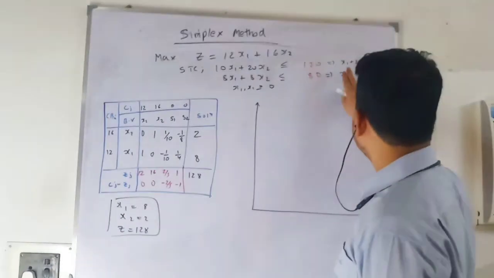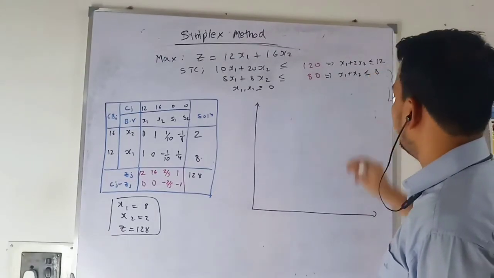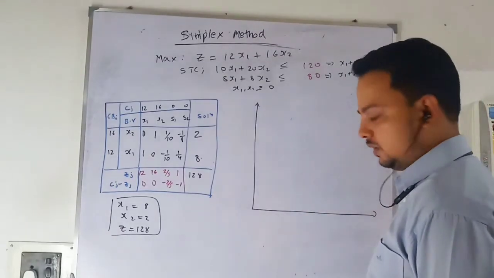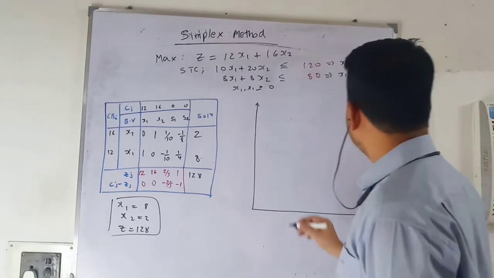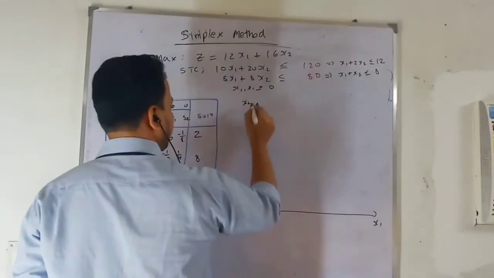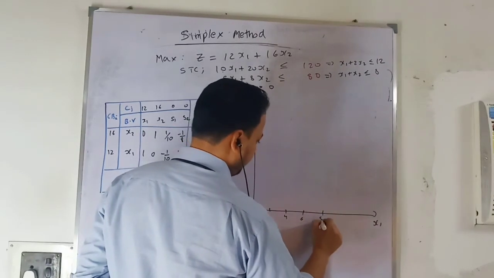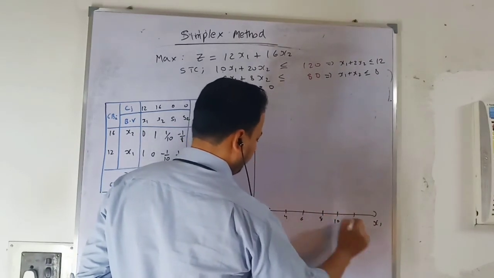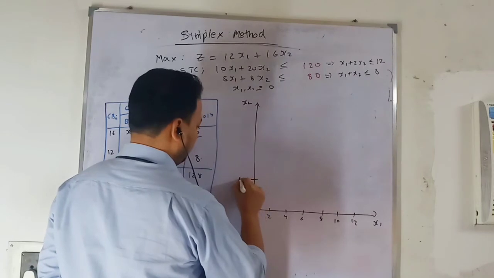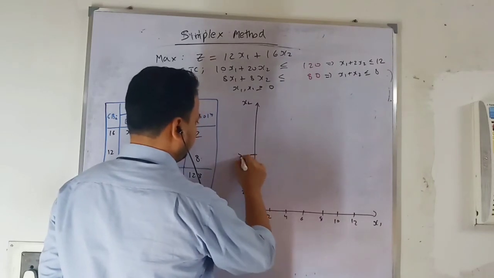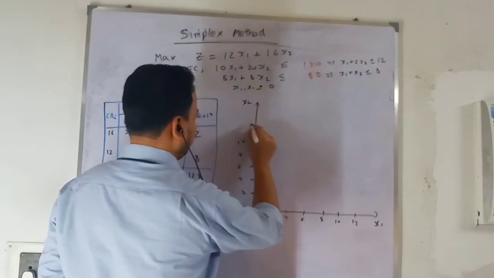So I may have to take x1 equal to 12. I am taking x1, and x2 here: 2, 4, 6, 8, 10, 12, 2, 4, 6, 8, 10, 12.